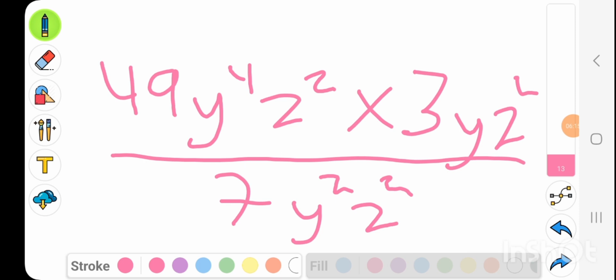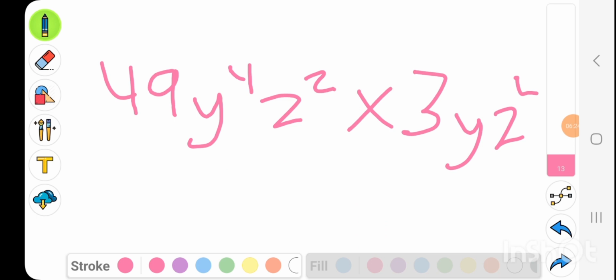So now we need to simplify the numerator. The numerator is 49y to the power 4 z squared times 3yz squared. So 49 times 3 is 147.